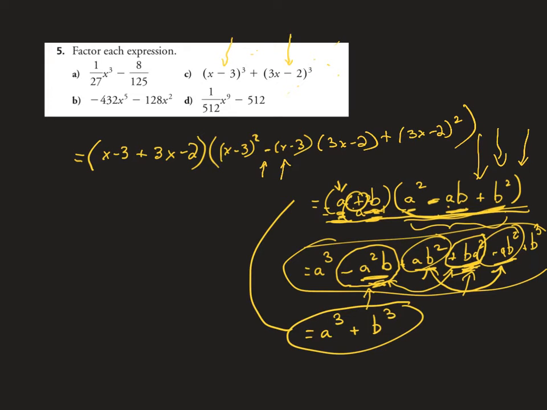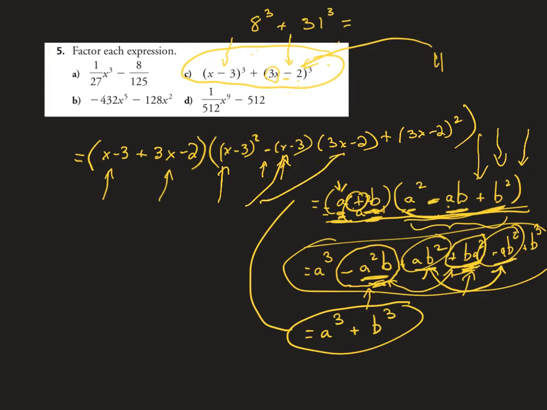I guarantee you, if you find your favorite number and plug it in, say your favorite number is 11: 11 minus 3 is 8, cubed, plus 11 times 3, that's 33, minus 2, that's 31 cubed. That's going to equal the same thing as if you plug in 11 for all of these x's, because these are the same.